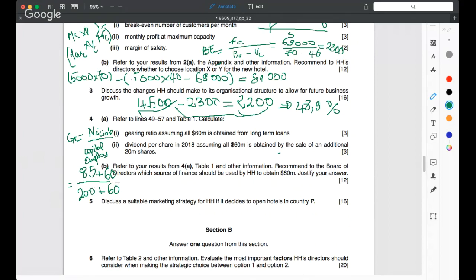So this is equal to 55.8%. You have to calculate it. Okay. So what does the gearing ratio represent? It represents the amount of.